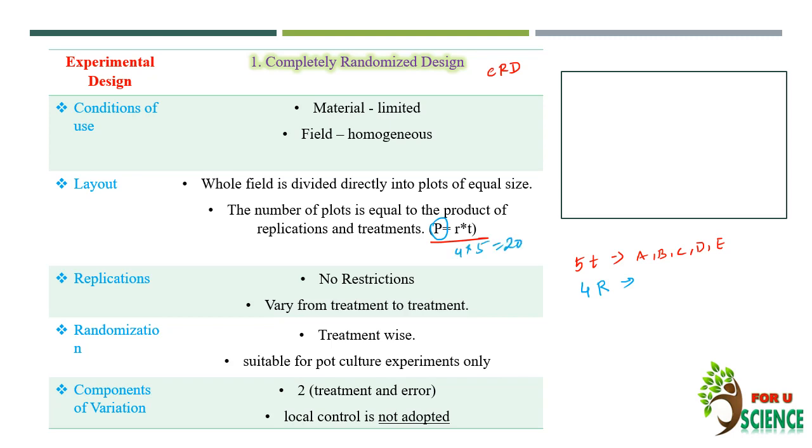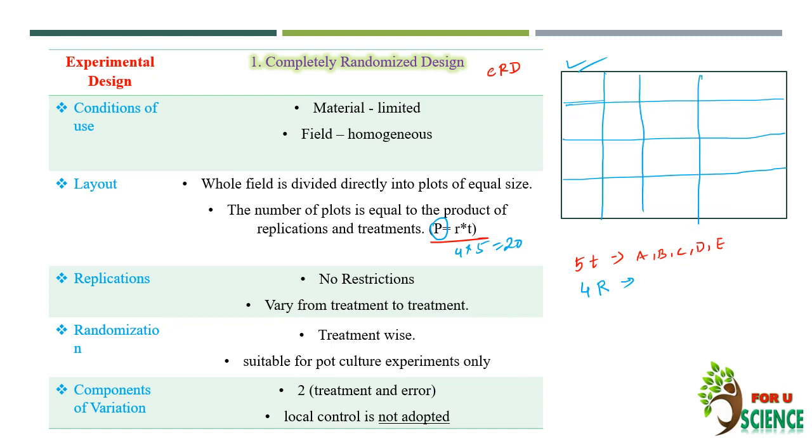If this is the field, we can divide it into 20 small plots like this, numbered 1, 2, 3, 4 up to 20.